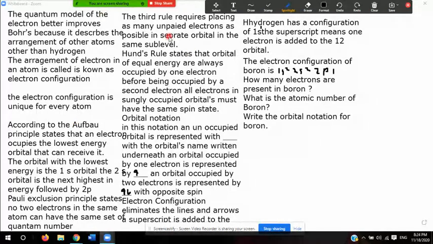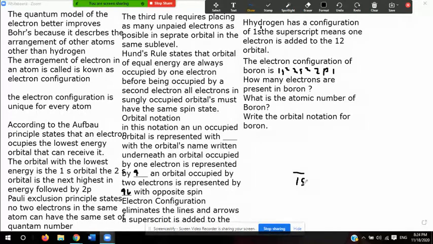If we move on, it says that the third rule requires placing as many unpaired electrons as possible in separate orbitals in the same sublevel. That means that, for example, if we know that the lowest possible sublevel is 1s, and let's say we're talking about helium that has 2 electrons.